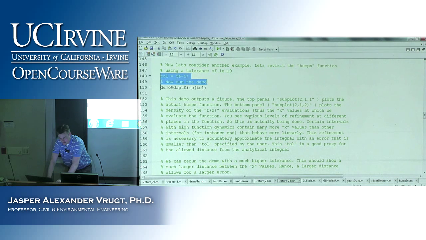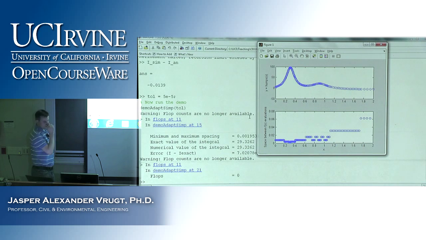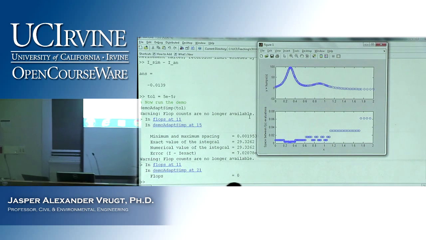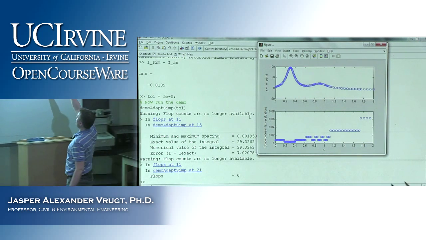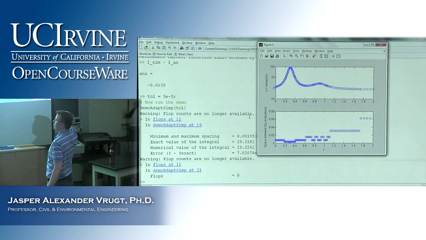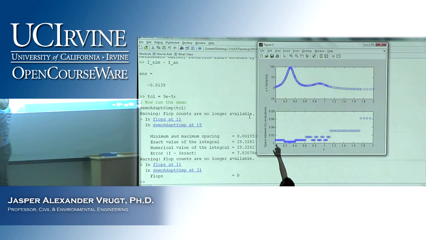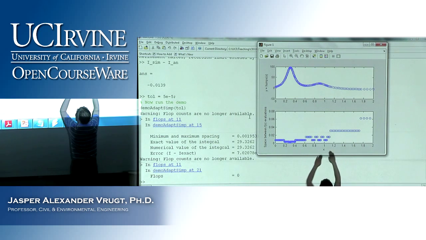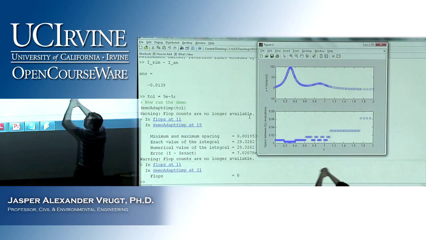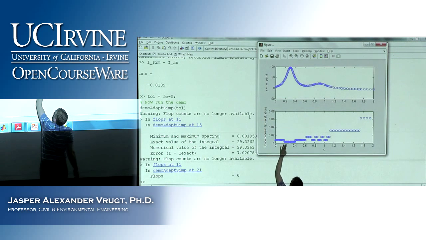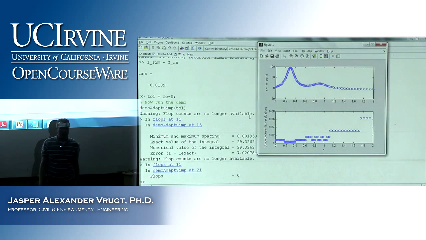Now the author also writes a demo of this Simpson, and this is an example where you see how this methodology works. On top you have a nonlinear function called the humps function that's built in MATLAB, and here you see on this axis, this is the x value, both between 0 and 2 in this case, and here you see the different x values that are used to calculate the integral numerically.